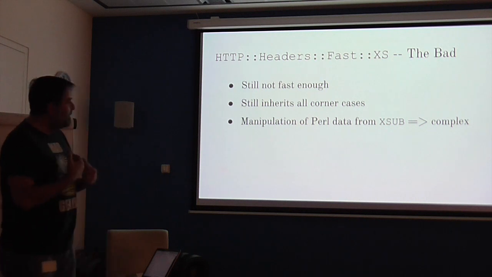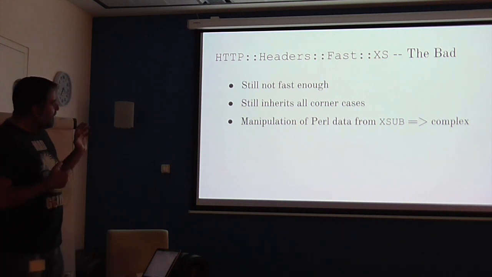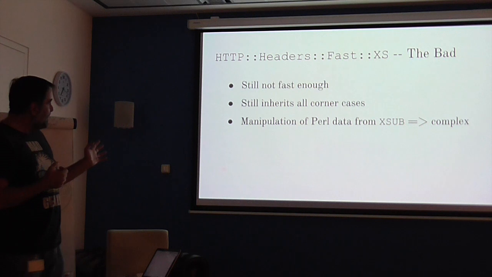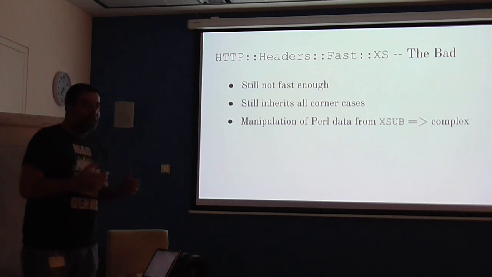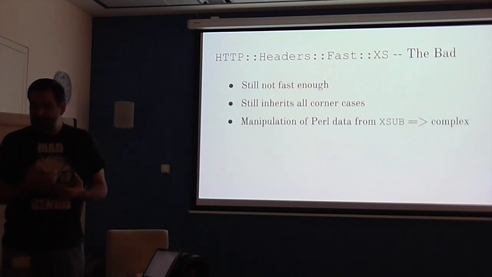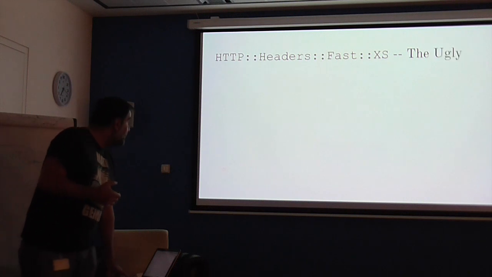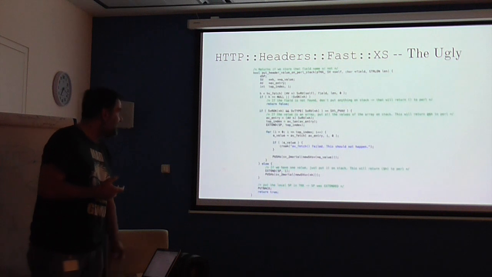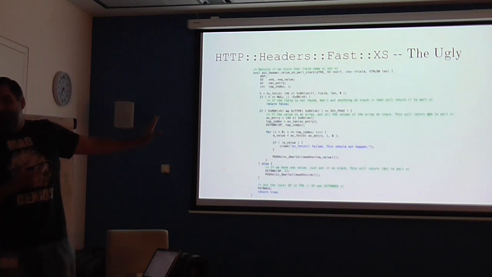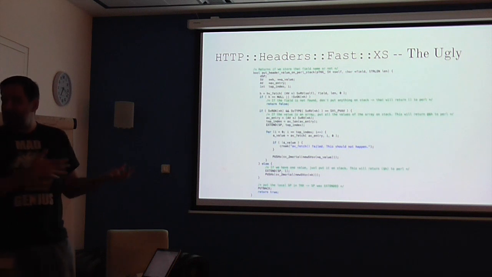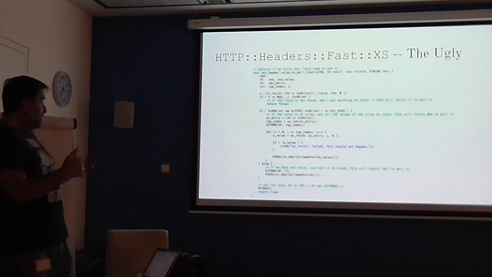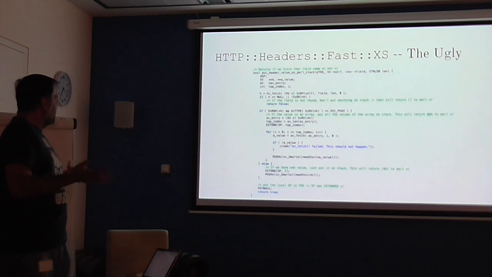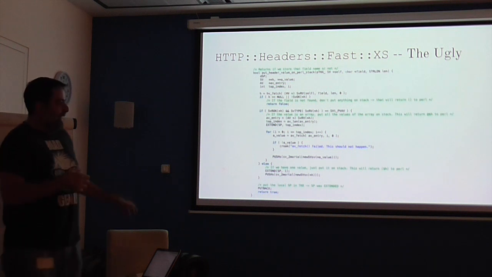And that's, in my opinion, the worst of the bad: there's a lot of complexity in this XS code. So this is the ugly. This is not even bad. This is really ugly. Do not try to read that. It's there only to convey to you the idea that reading this code sucks, because you look at that and you're like, oh my God, what the hell are we doing there?